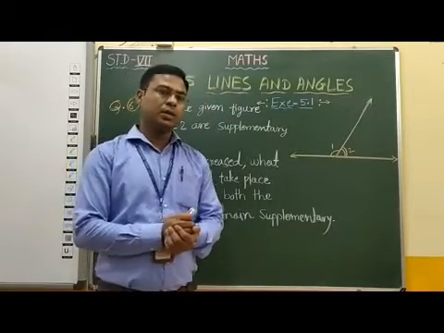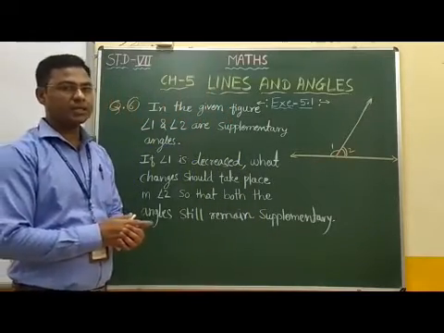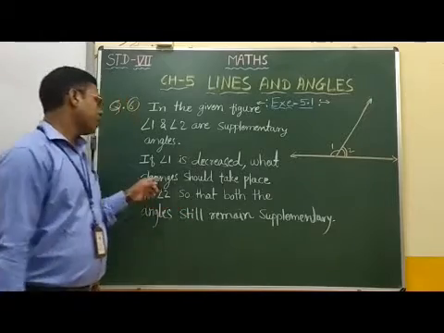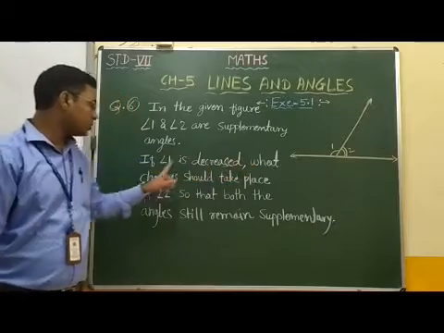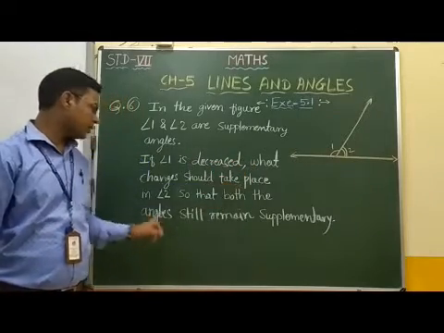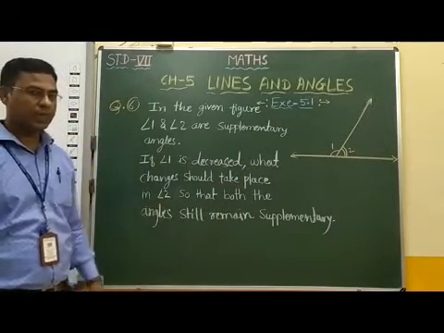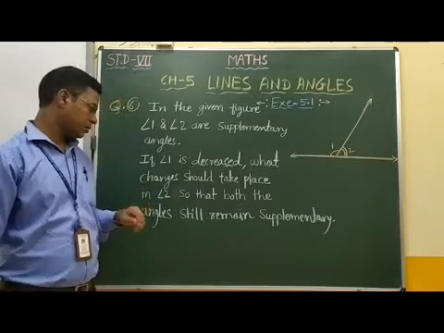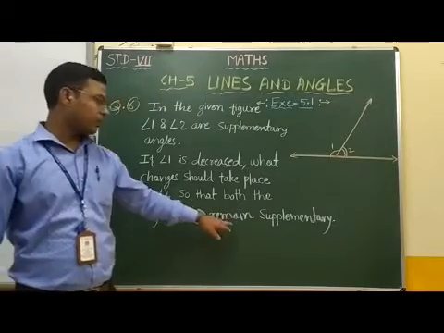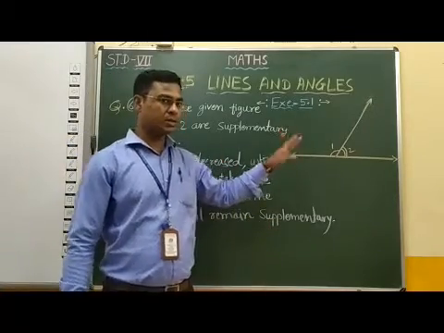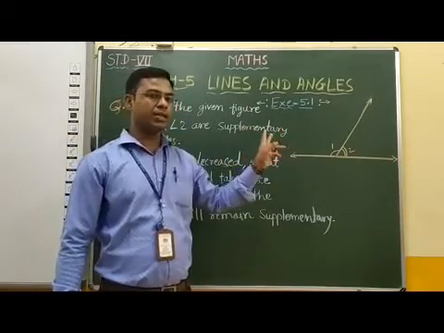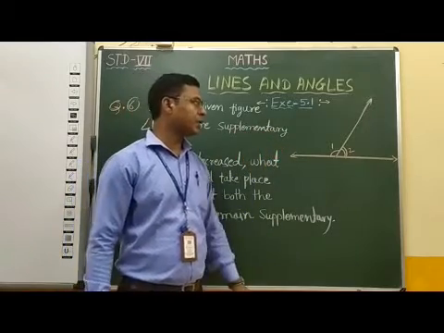Now, in the question, it is asked that if angle 1 is decreased, what changes should take place in angle 2? And there is one condition: the angles still remain supplementary, means during this change both angles remain supplementary.